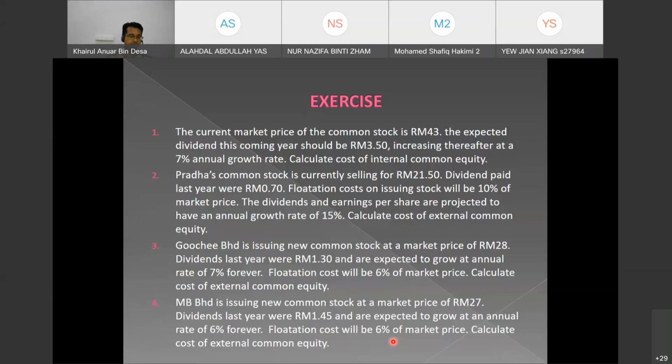Because if you don't do the SCPAS, I'm afraid your result cannot be assessed.